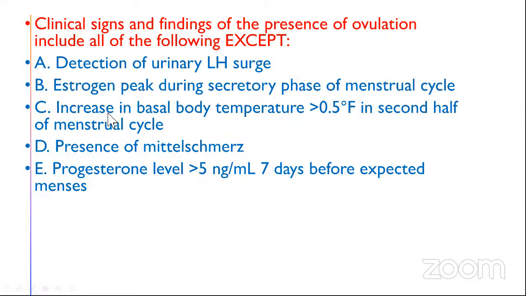C, increase in the basal body temperature more than 0.5 degree Fahrenheit in the second half of the menstrual cycle. D, presence of mittelschmerz. E, progesterone level more than 5 nanogram per ml 7 days before the expected menses. So all these are signs of ovulation except one. You have to identify which one is not a sign of ovulation.